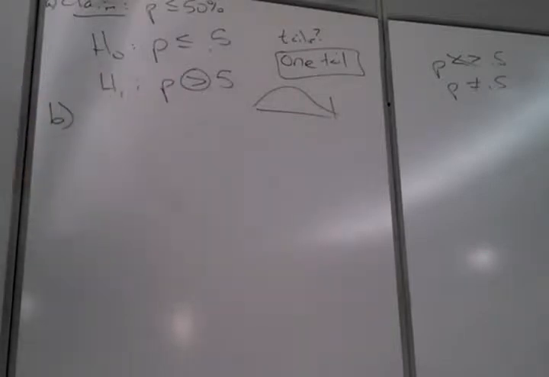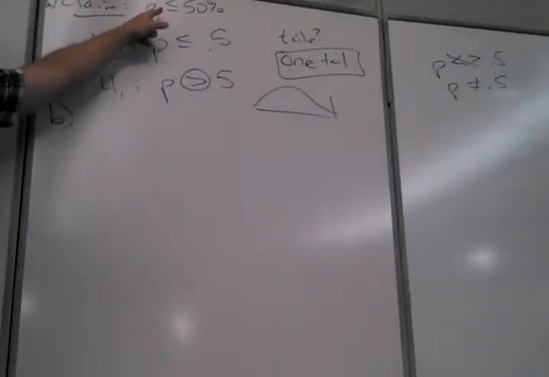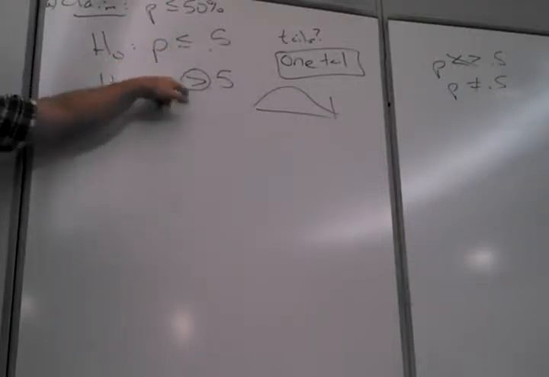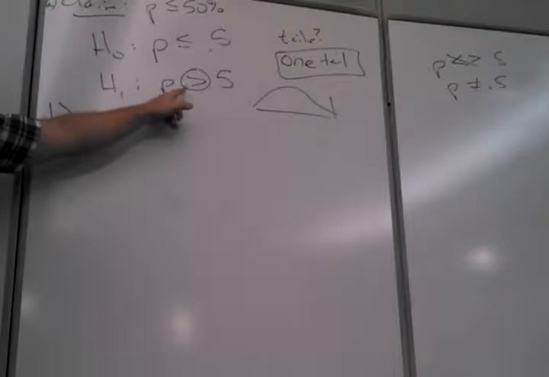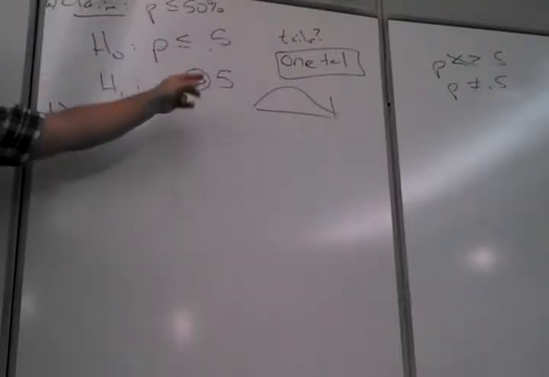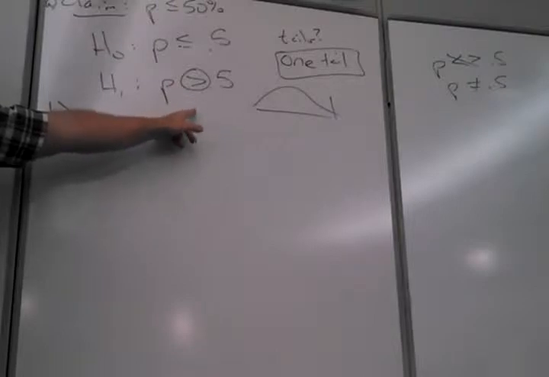Okay. How are we doing so far? So again, the claim itself doesn't tell you where you're going to put it. You just write down the claim, and then you say, well, which one is it going to go in? Does it have an equal sign? It goes here. Does it not have an equal sign? It goes here. So the two claims you looked at the other day, they both happen to not have an equal sign, so they both happen to be H1.